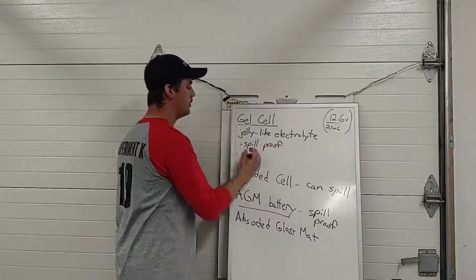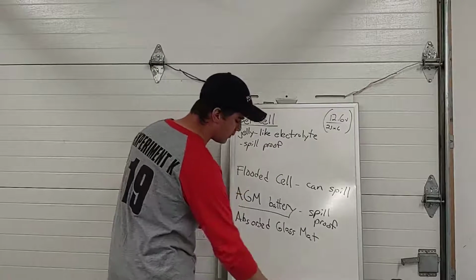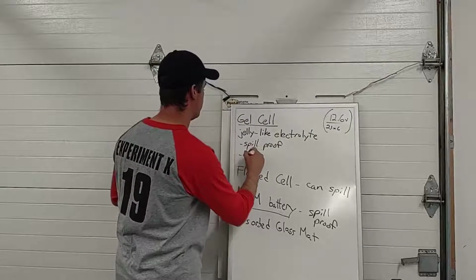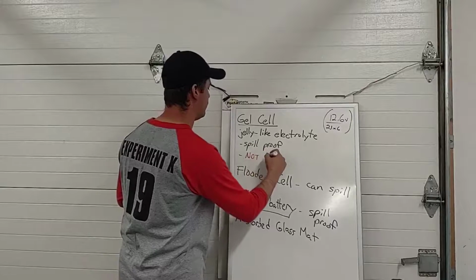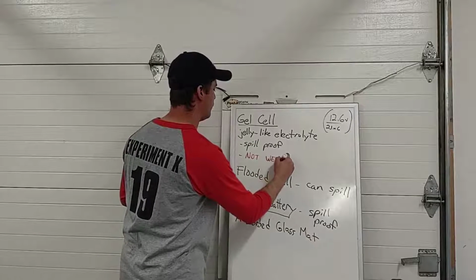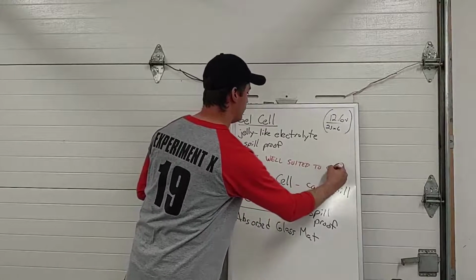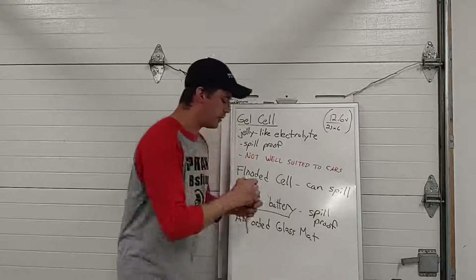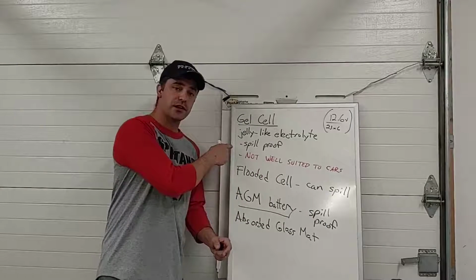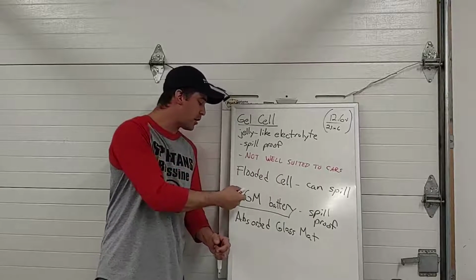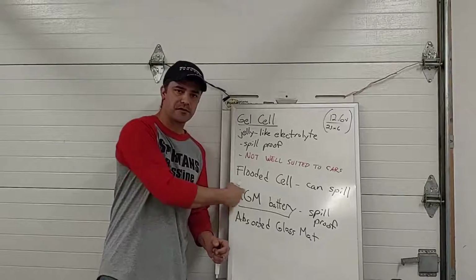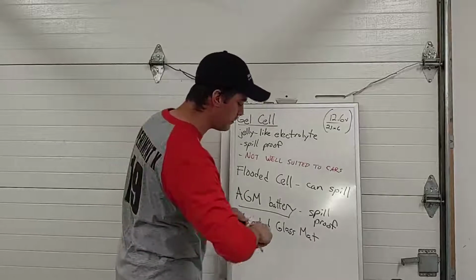Spill proof, but not well suited to cars. Again, some people will confuse an AGM with a gel cell. They'll call it a gel battery, but it's really not. The confusion comes from the fact that the AGM is also spill proof.